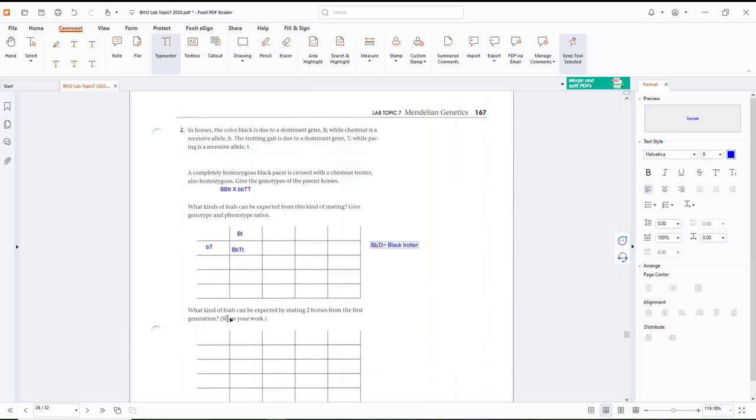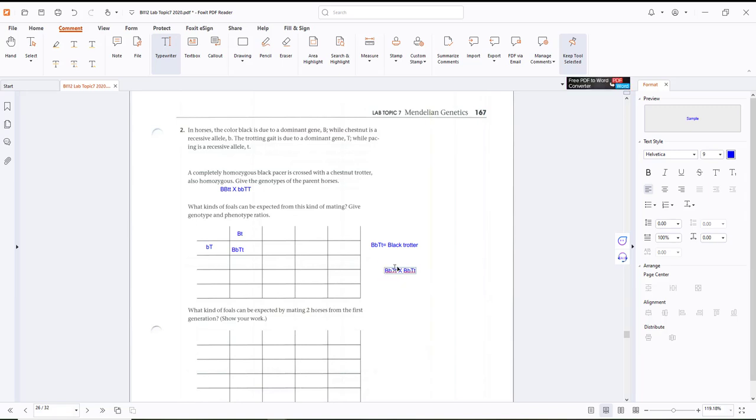What kinds of foals can be expected by mating two horses from the first generation? So if I mate big B, little b, big T, little t, with big B, little b, big T, little t, I will have to FOIL that out. And with FOILing, remember, that's going to result in 4 different gametes.